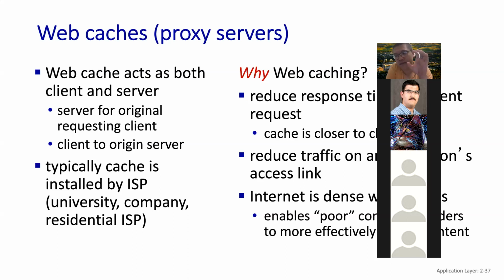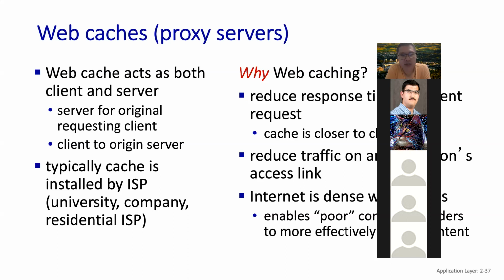But if the content has not been located in the cache server, it will act as a client to send a request to the original server and receive the response. After that, it acts as a server again, okay? So you can think of the proxy server as having two functions, as the server side and as the client side.